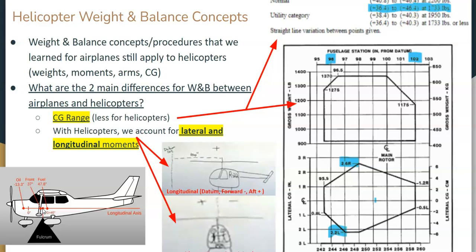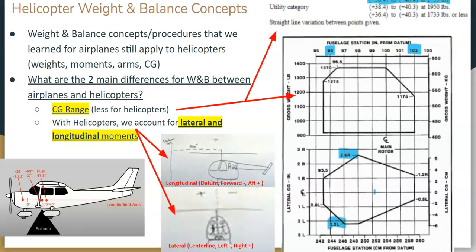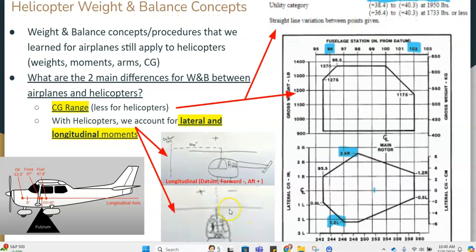You didn't have to account for whether it was on the right side of the airplane or on the left side of the airplane. We only cared about one axis, and that was the longitudinal axis. With helicopters, we introduce a second axis. I'm going to show you this down here so you can get a better view of it.